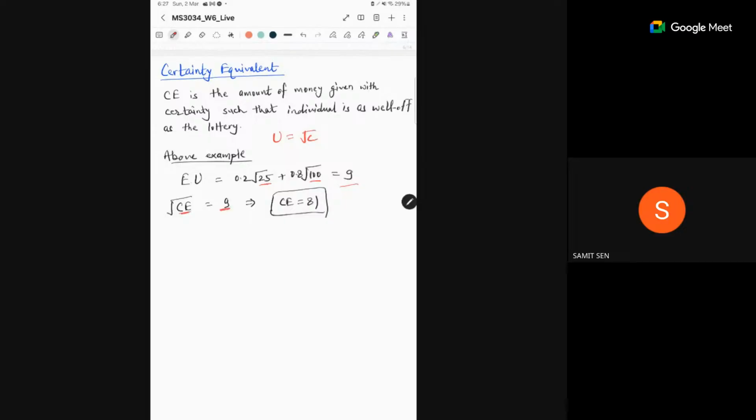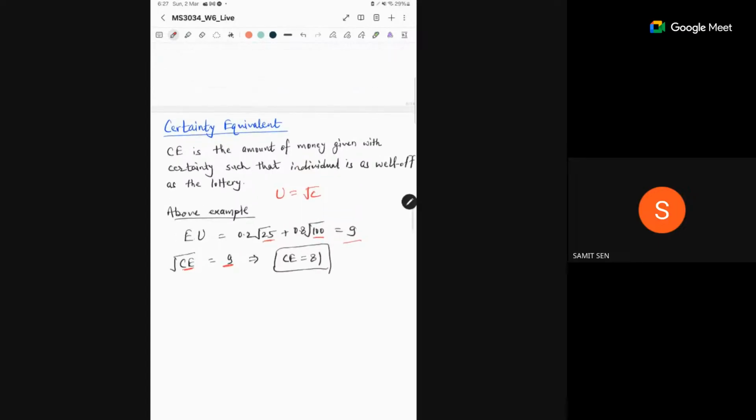They should be equal to 9, and from that I get 81 as certainty equivalent. What does that mean? If I get 81 with certainty, and otherwise if I go for this lottery or this uncertain situation, my expected utility would be the same. That is the meaning of certainty equivalent.